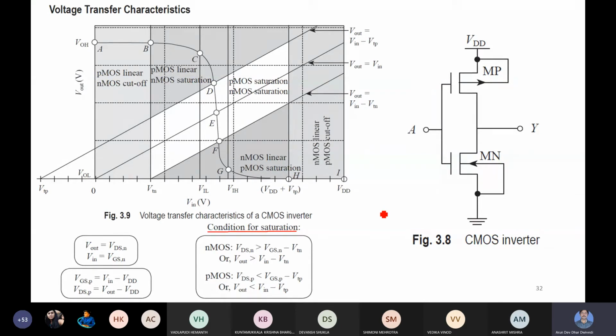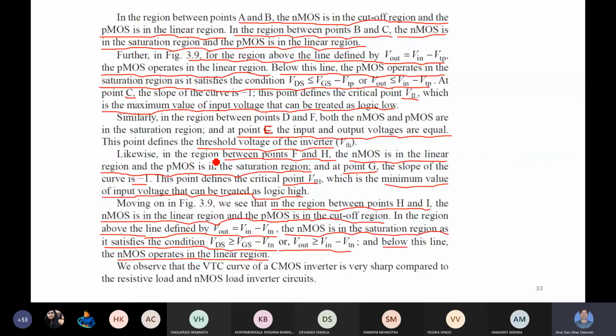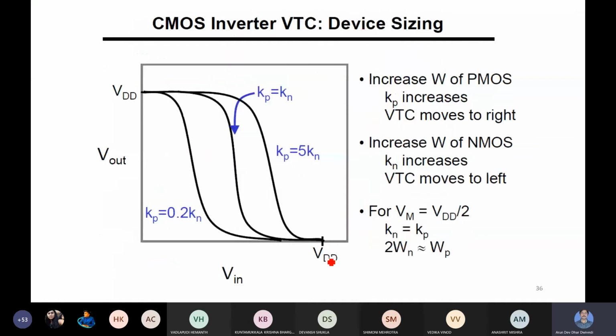Instead of talking too much on these characteristics, all these are explained and texts are given, you can go through that. Every point is clear. And we can come to a few more properties, like the CMOS inverter VTC plot and device sizing. This is VDD, which is equal to VOH.